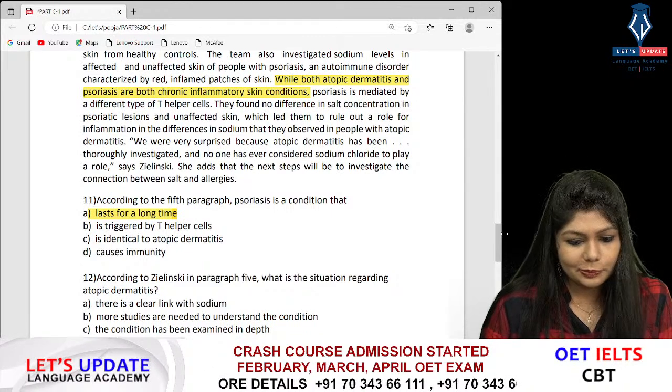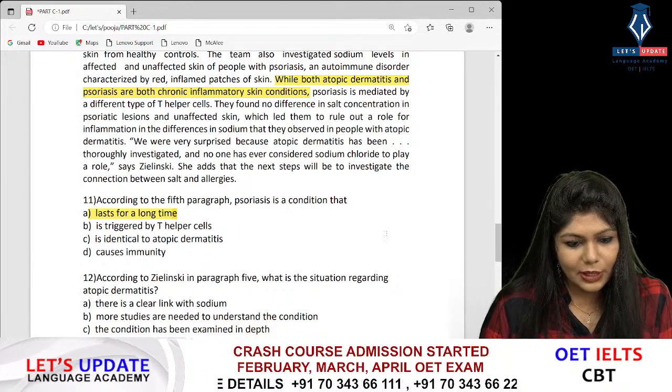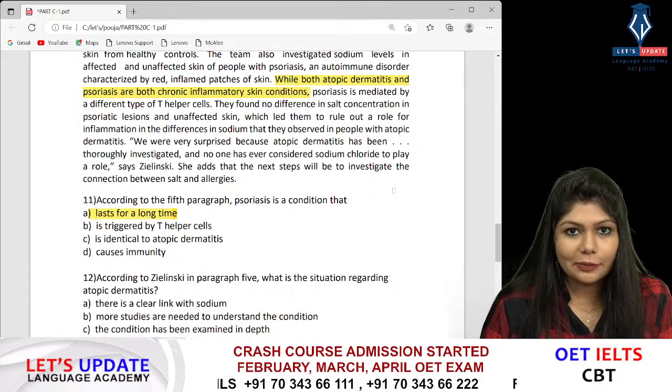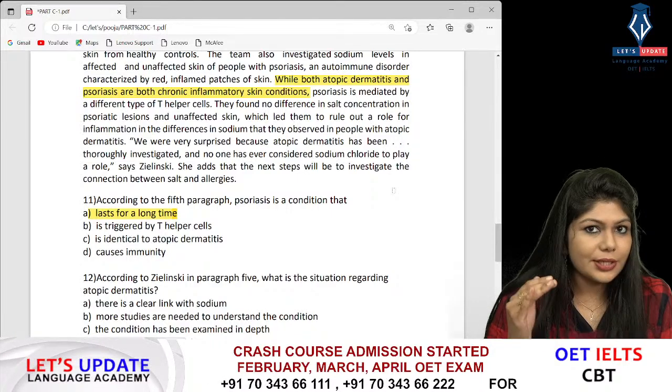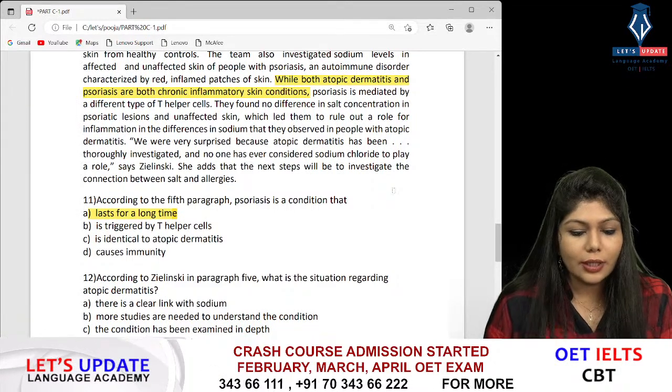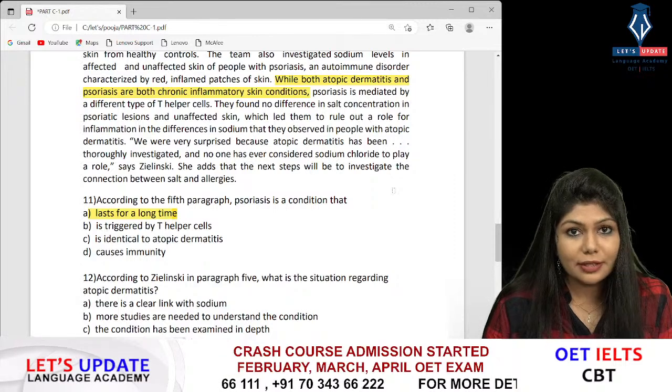We have two questions from paragraph 5, and you just need to read this lower half of the paragraph to solve the second question.